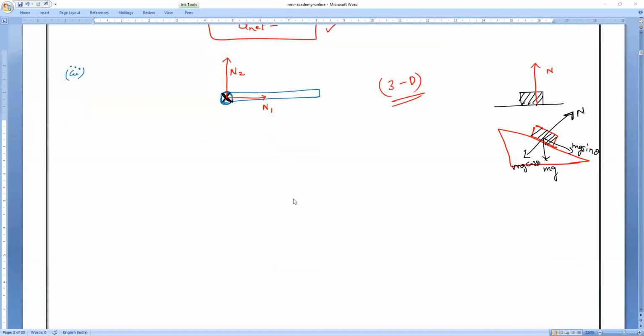Now, if you want to understand this, let us draw the FBDs. What do you mean by FBD? Everybody, free body diagram. Then you can understand it. Okay, let us take the first one. We all know that the body is revolving, so at every point there will be acceleration.